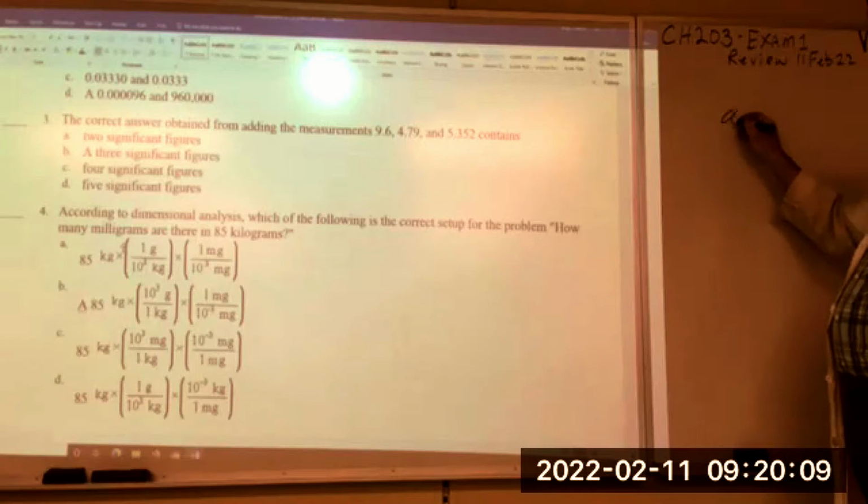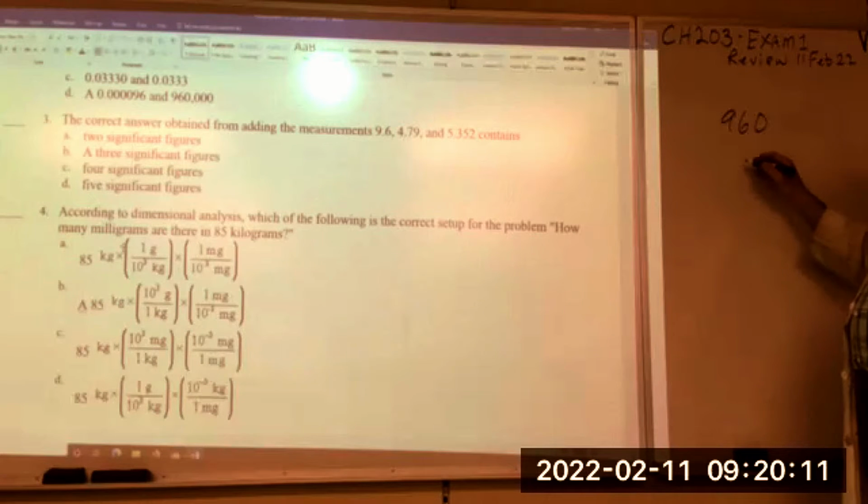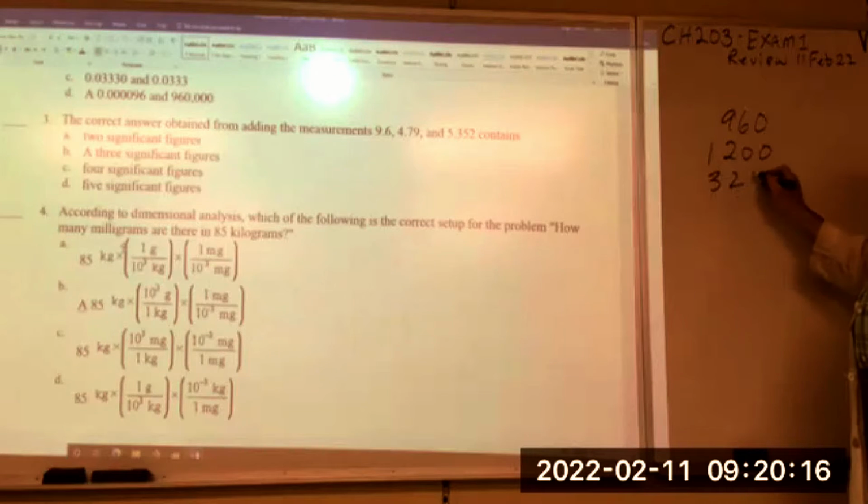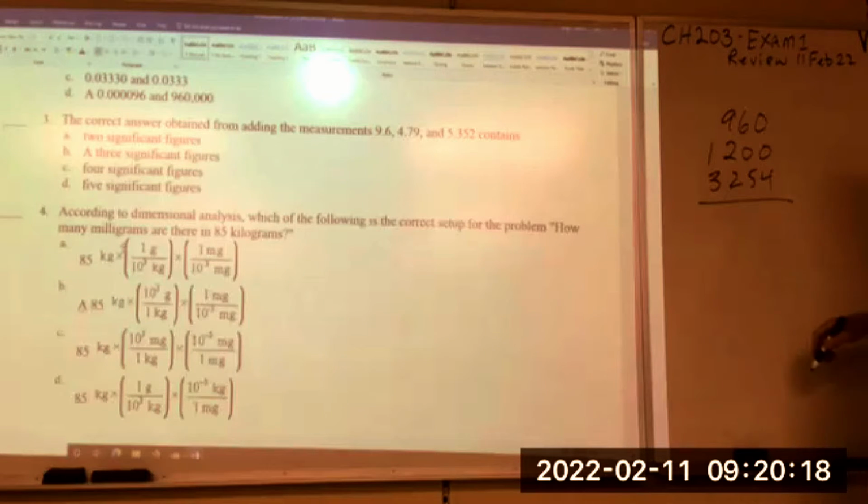If you had like this one, and like that one, and that one to add together, right? You have to chop it off there because these are not significant. Okay, they don't tell you that in the textbook.